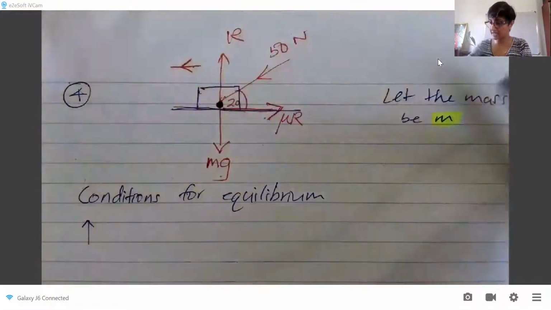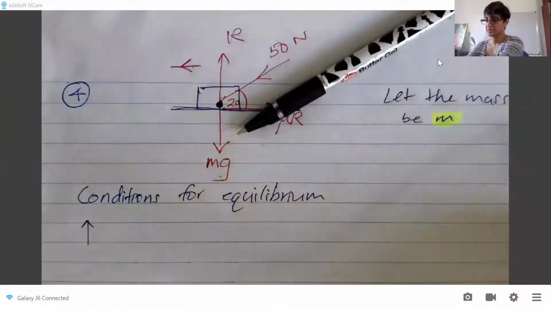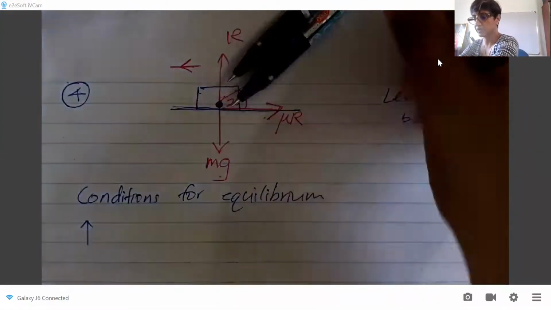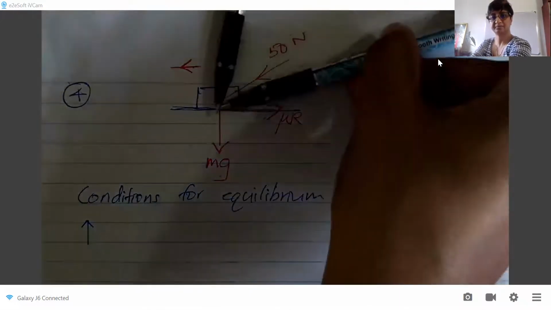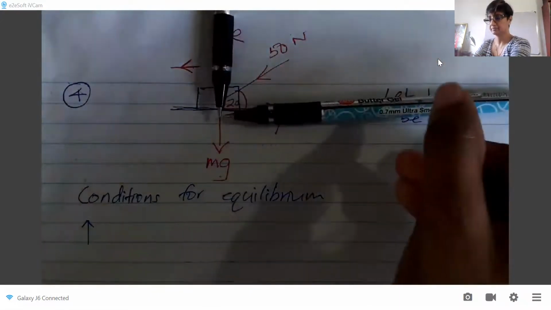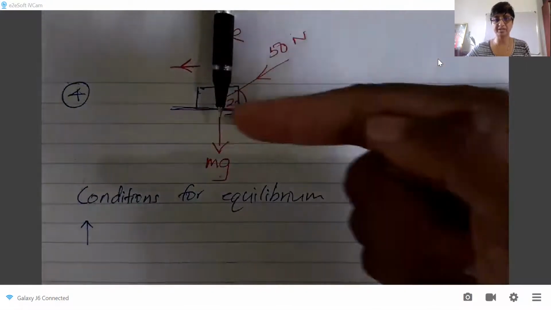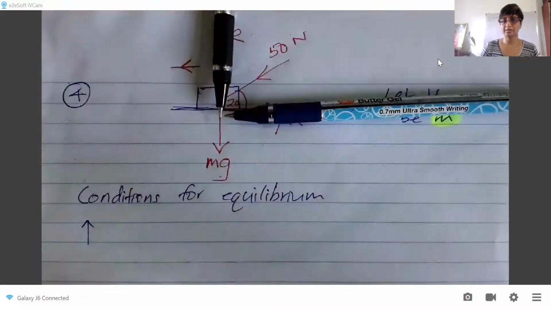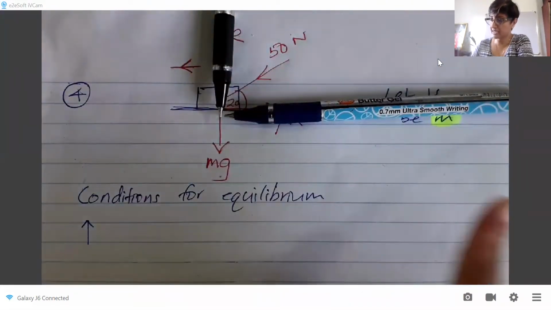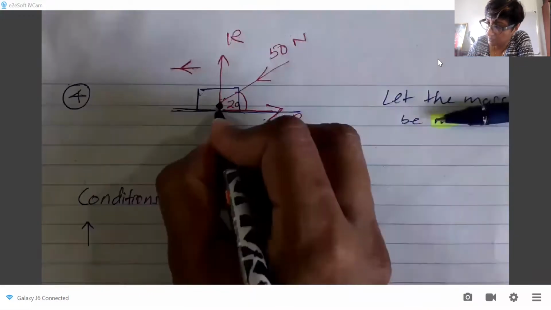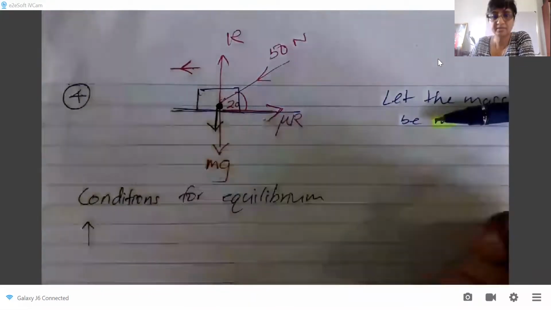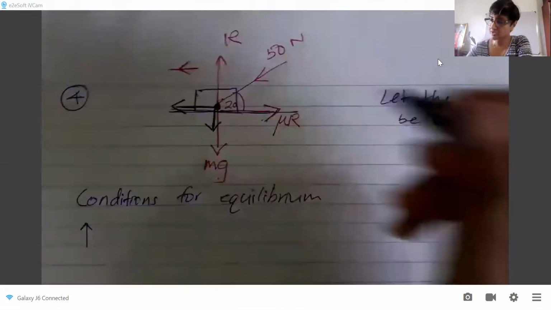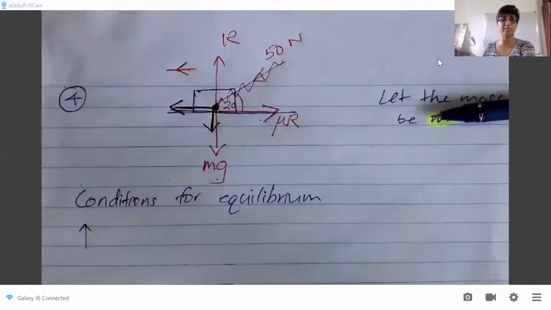Now you remember, it's acting this way onto the object. So when you split it like that, one force is in that direction and the other force is downwards. I will mark the downward one pointed out of the dot, and this I will mark pointing that way. So now it's replacing this. It's no more there then.